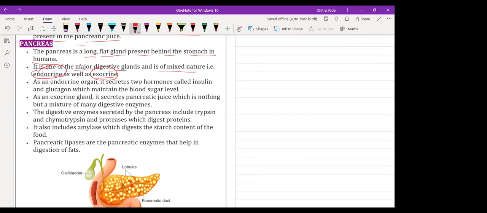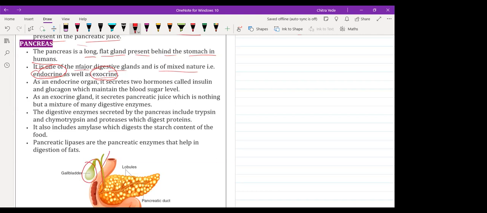Endocrine means if the gland secretes its enzyme directly into the bloodstream, meaning arteries and veins, then it is called endocrine. And exocrine means they secrete and transport their secretion through a special duct, and it is stored in the gallbladder.